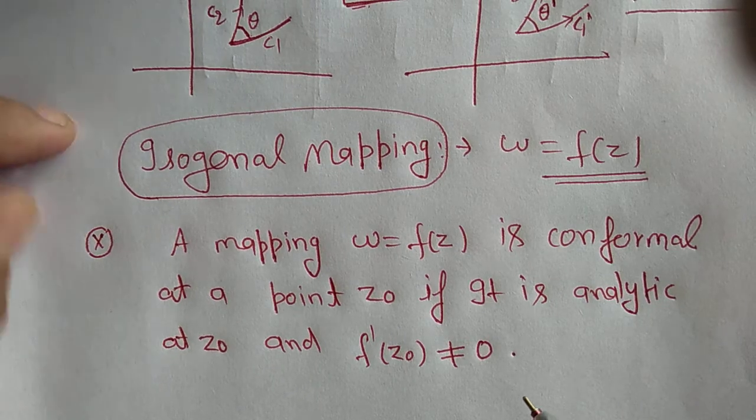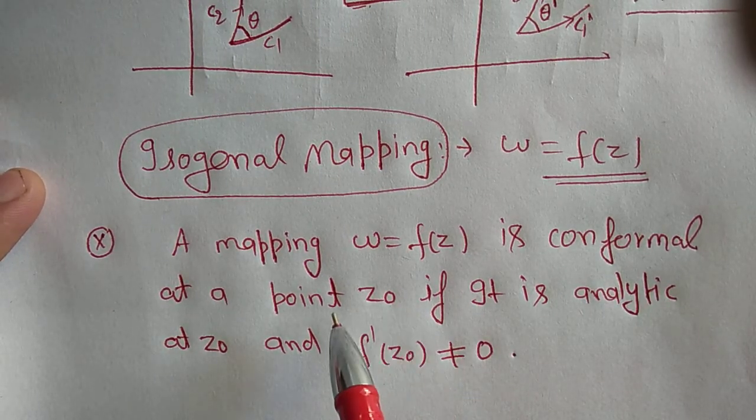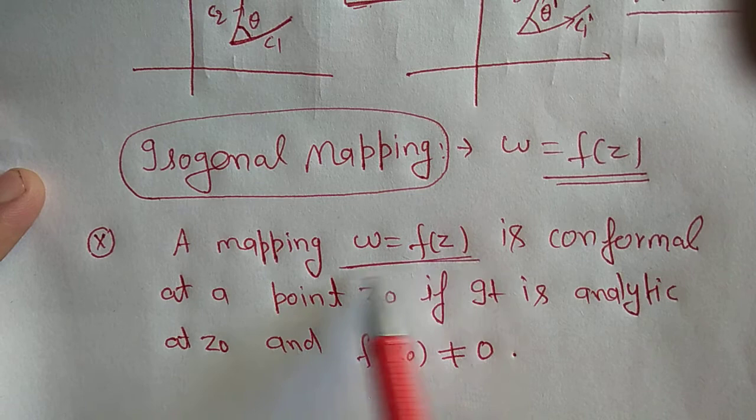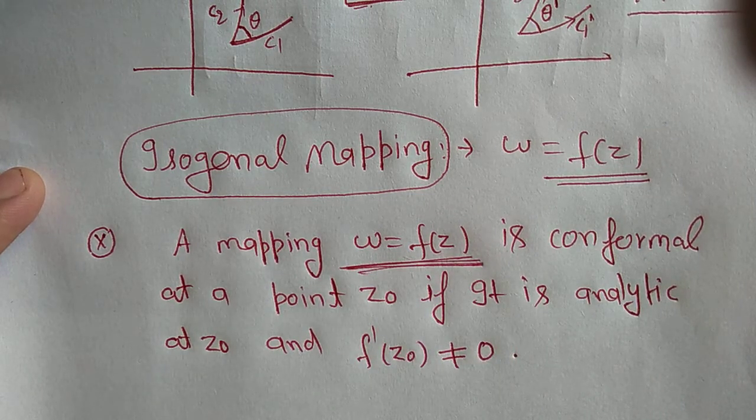If these two are satisfied, then we say the given mapping is a conformal mapping.